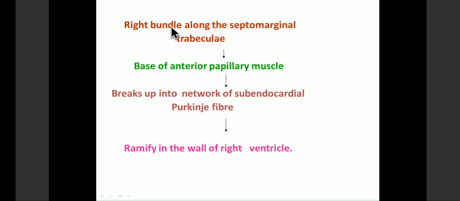On the right side, it reaches the anterior papillary muscle of the right ventricle, and from there it breaks up into a network of subendocardial Purkinje fibers, which ramify in the wall of the right ventricle, thereby transmitting the impulse.